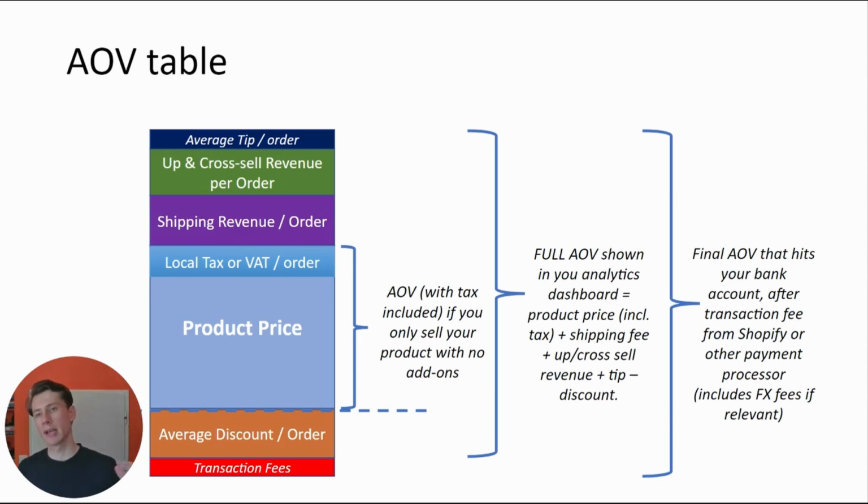And of course, on PayPal, they can be much higher than on Shopify Payments. And you might be using some other local payment processor like Klarna or whatever it might be, where it might be lower or higher. So that's the actual AOV per order that hits your bank account. That's what we want to optimize in this video. So let's jump straight in. Now that we know how the sausage is made, we know what parts we can optimize.